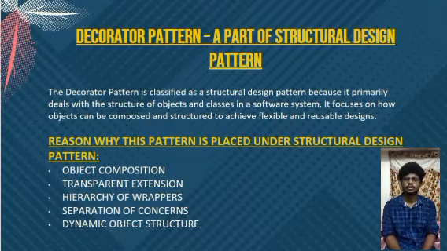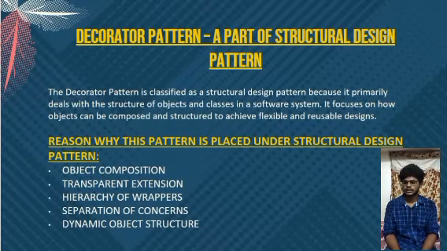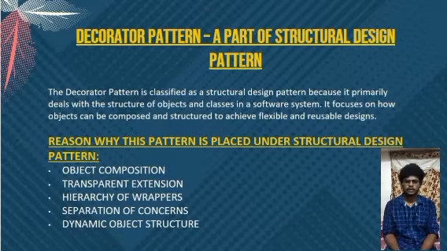Now we are going into the fourth one. Fourth one is the separation of concern. It promotes this by assigning each decorator a specific behavior responsibility. Next we go into the fifth one. Fifth one is the dynamic object structure.